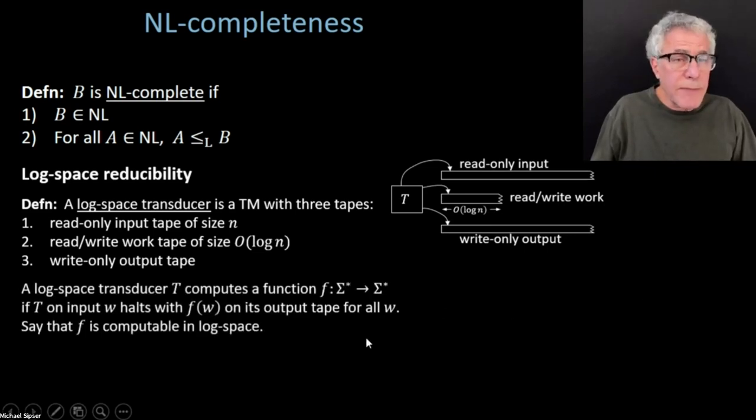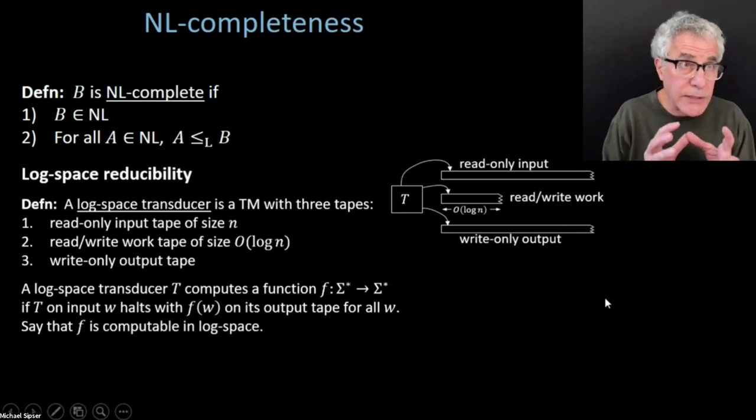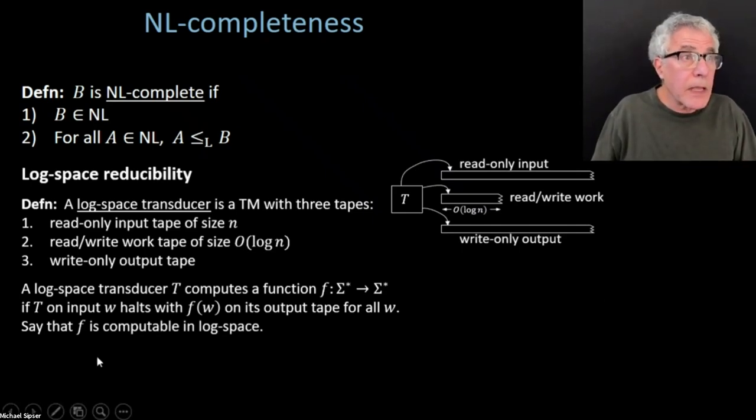We think of a log space transducer as computing a function, which is just a mapping from the input to the output that the transducer provides for you. A transducer is a deterministic machine, by the way. You take the transducer, you give it w, and you turn it on, and then it halts with f of w on its output tape.